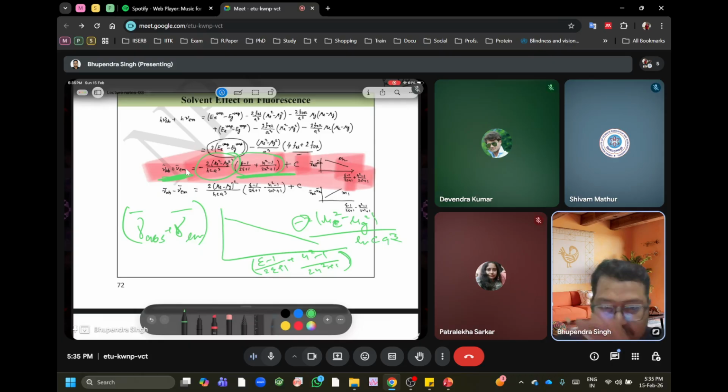In this case, according to the equation, it is negative, but it is given positive, which means mu z should be greater, no?